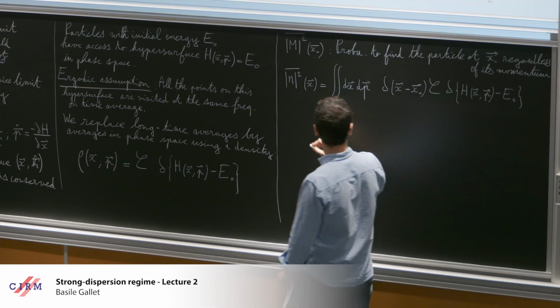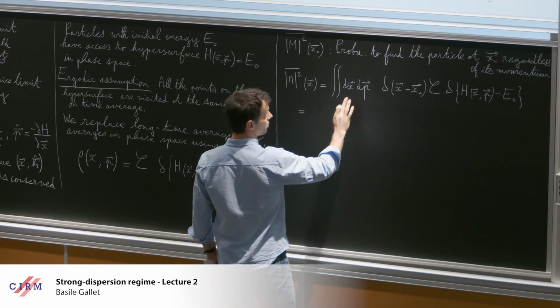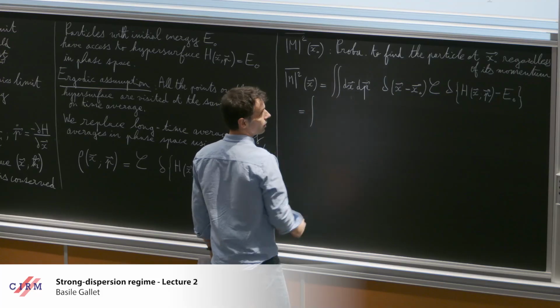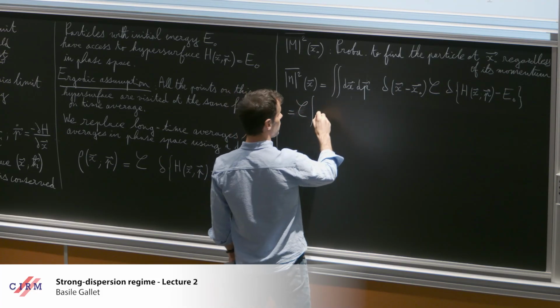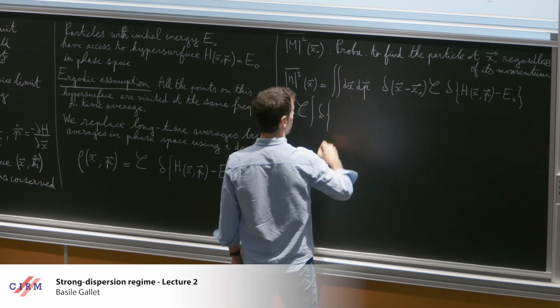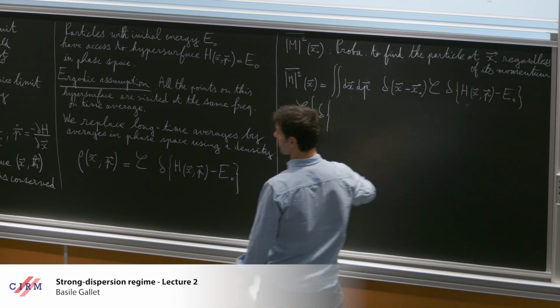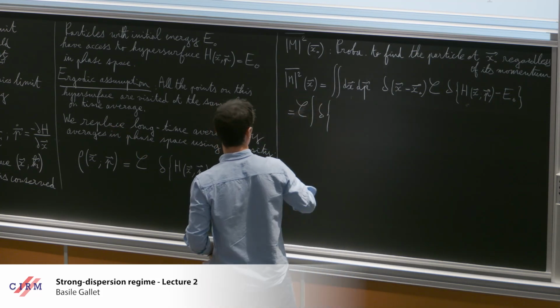Okay? So let me substitute. We integrate over x. That's c. There's a delta of, going to expand the Hamiltonian over there.